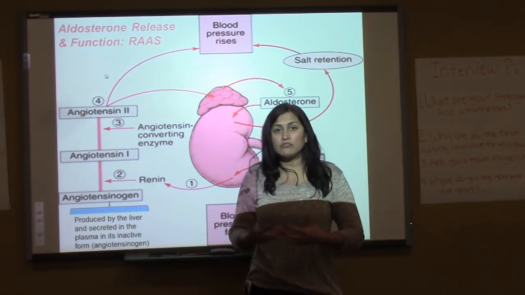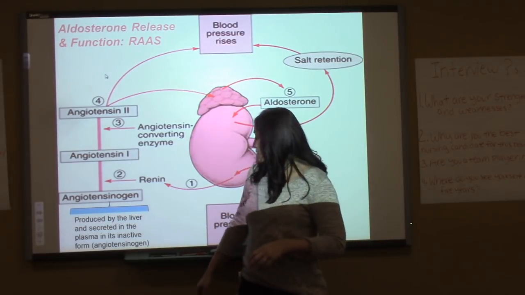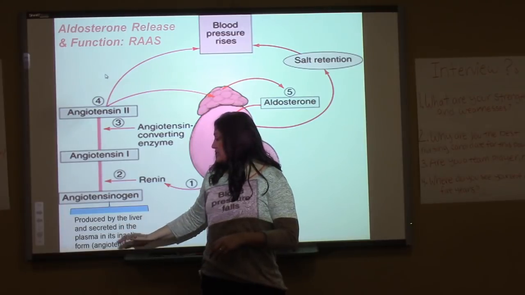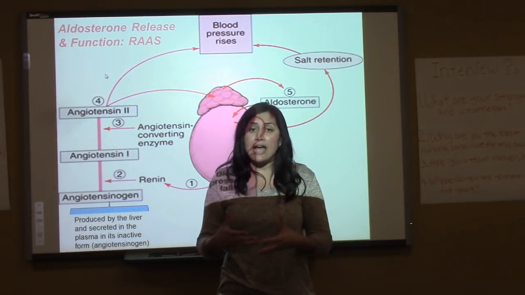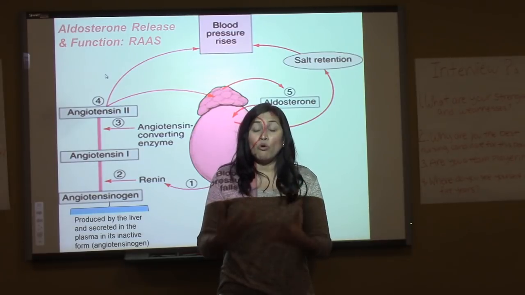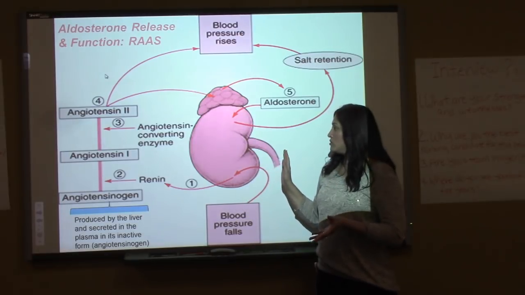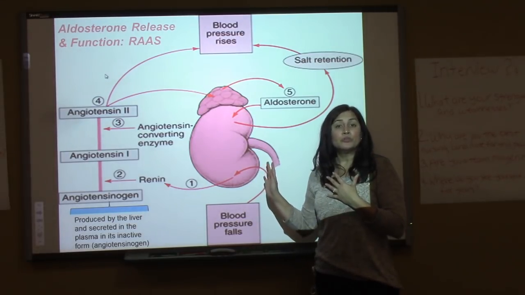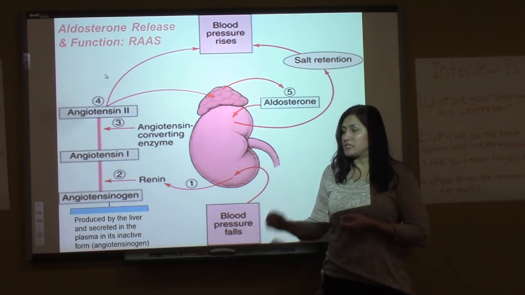It's basically an inactive hormone, and it is released by the liver. So it's produced by the liver and secreted into the plasma. It's always found there, but in an inactive form. So this is the background, and now we're going to go through the renin-angiotensin-aldosterone system step by step, and you should know it step by step.